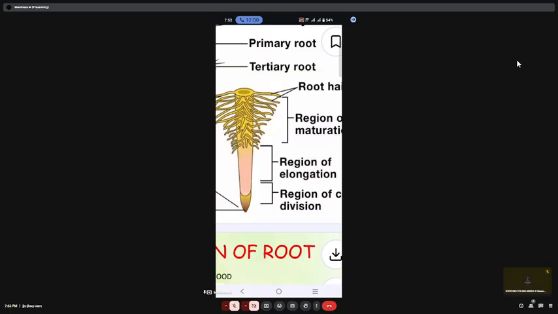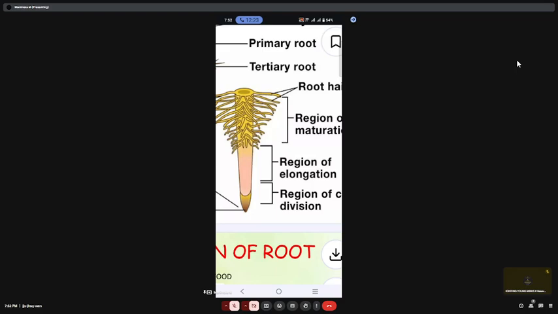The regions are studied from the root tip. In which plant is it possible to study the root regions? Generally in germinating seeds. In germinating seeds, it is easier to study the regions of the root.